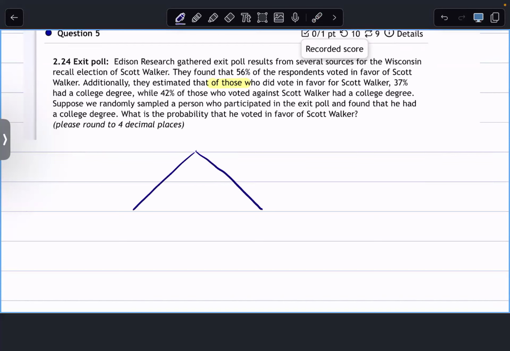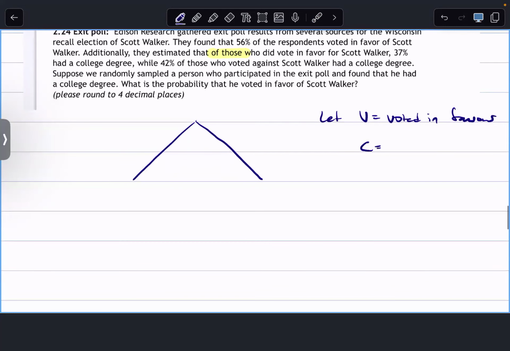First thing we're given: how I decide my tree is that the conditional information is based off of whether they voted for Scott Walker or not. So I'm going to let V be voted in favor, and I'm going to let C be a college degree.